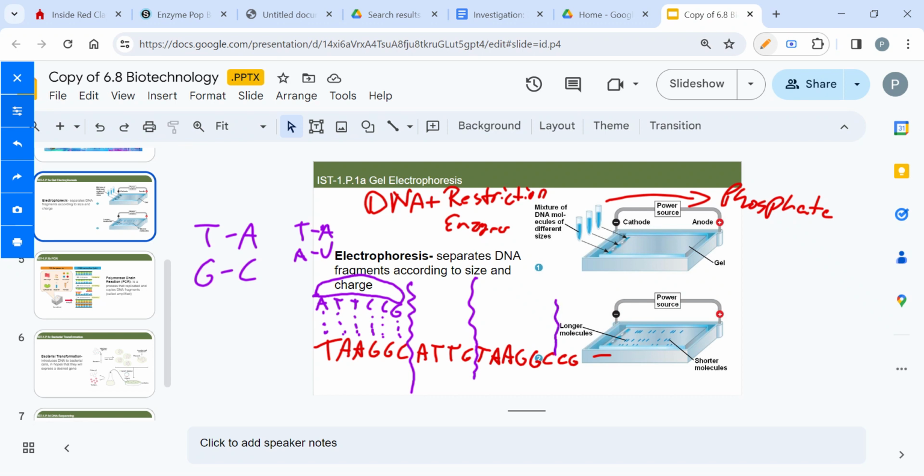So it's only going to break those ones. This could be anywhere between maybe 4 nucleotides to hundreds of nucleotides in between this section and this section that's being broken up by the restriction enzyme.